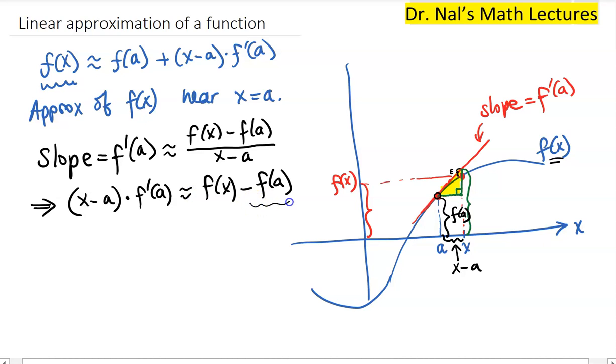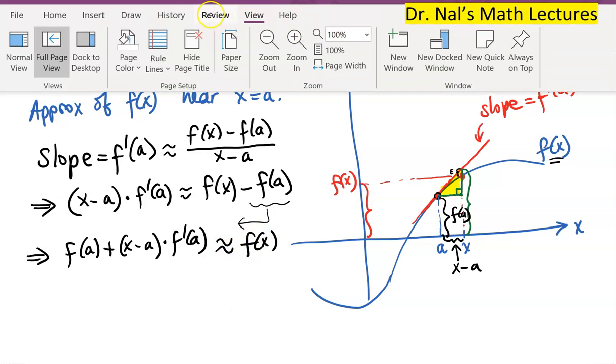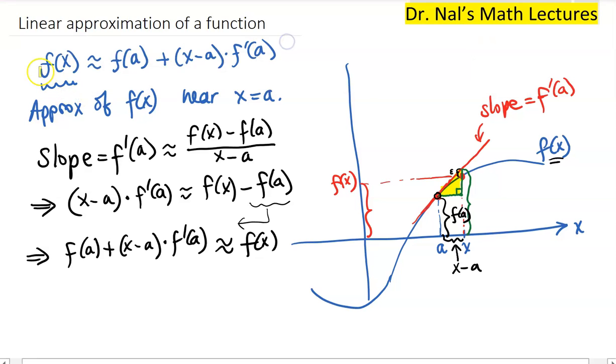And finally, we can move that f of a to the left-hand side, and that will give us exactly what we needed. So f of a plus x minus a times f prime of a is approximately equal to f of x, and that's exactly what we needed to show. So let me highlight this. That was the formula that we wanted to show, and there it came.